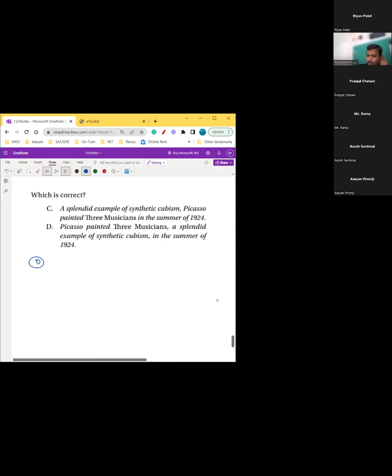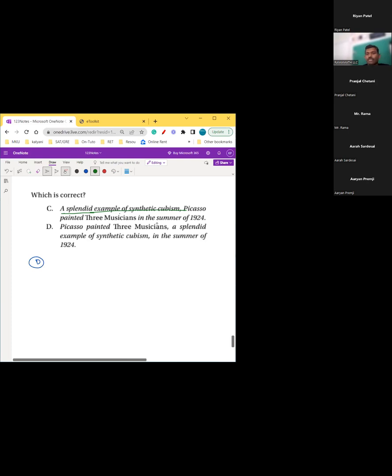And if I look at it carefully in this one, the phrase is splendid, you can see this splendid example of synthetic cubism is going to be modified with, okay, appositive phrase, we can say. And if the question is what is the three musicians, rather than who was Picasso?